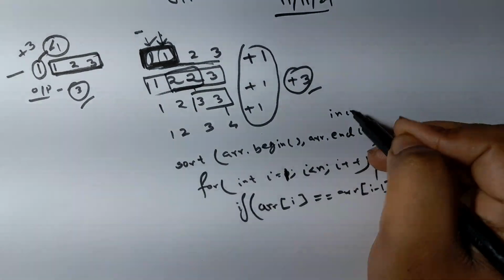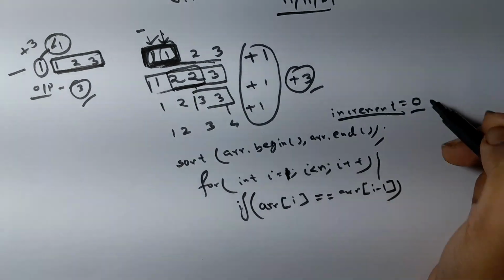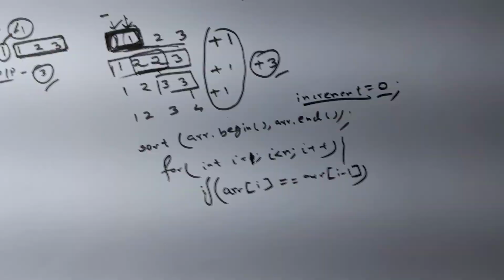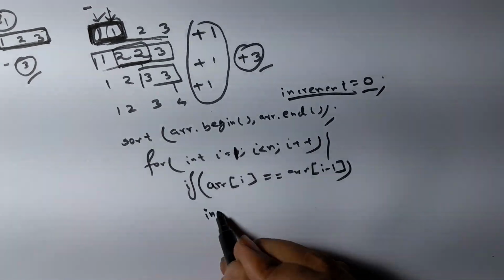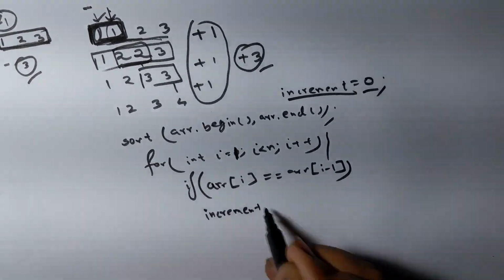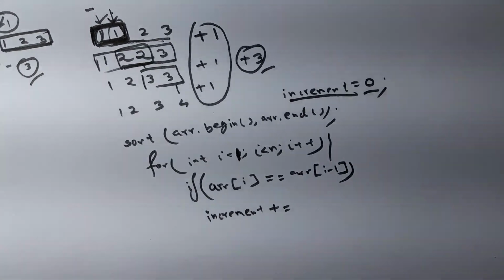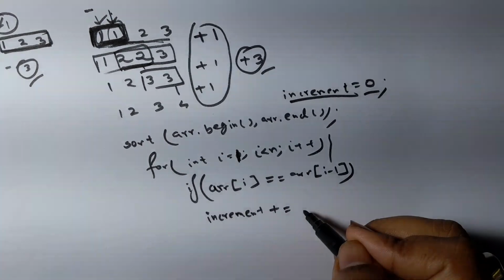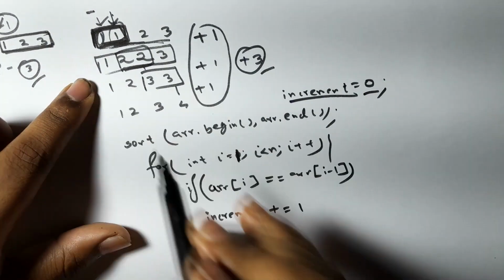At first I set increment equals 0, and how much I have to increment? Plus equals, here we have to increment just plus 1. For this case I am writing the code.